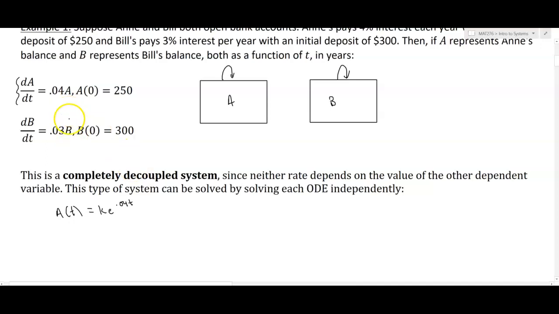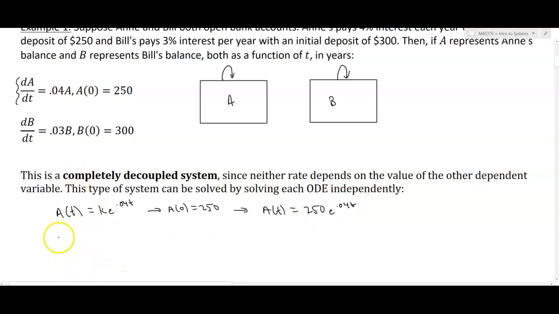And that means that the only function whose derivative equals 0.04 of its original function is going to be of exponential form. And then given that A of 0 equals 250, we make those substitutions in there, solve for k, and we get A of t equals 250 e to the 0.04t.